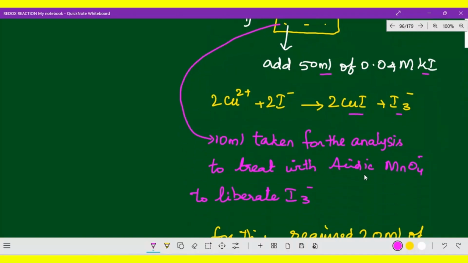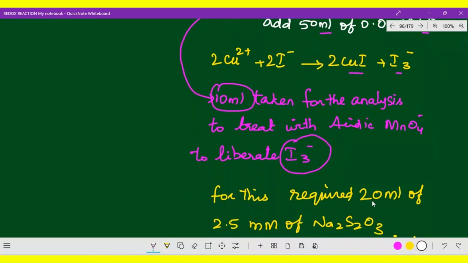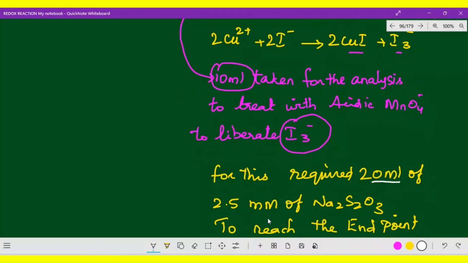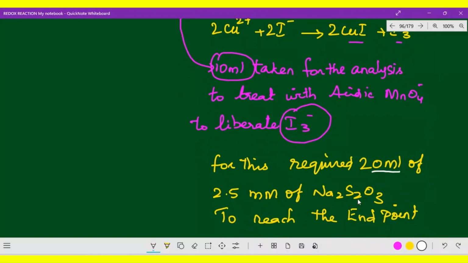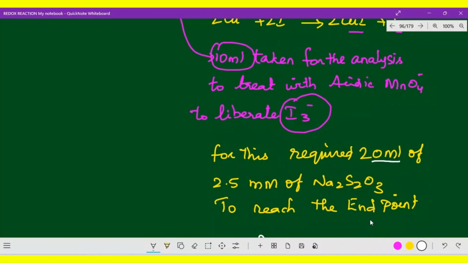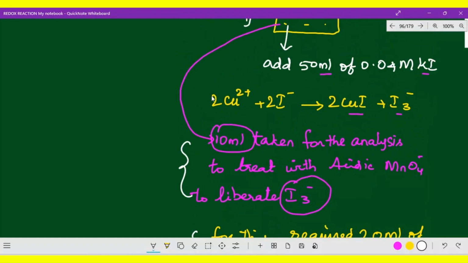To treat with acidic permanganate ion to liberate I3 minus. So to completely eradicate I3 minus, we treat it with this. For this, 20 ml of 2.5 millimole sodium thiosulfate was required to reach the endpoint. Now you see, this is one point, this is another point, and the last one is another point.